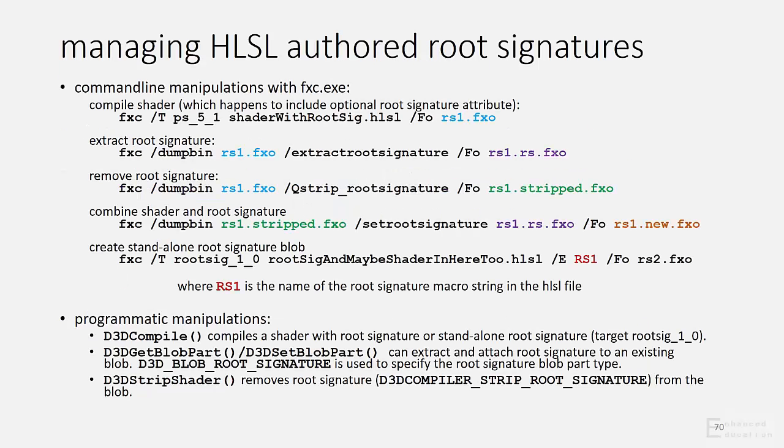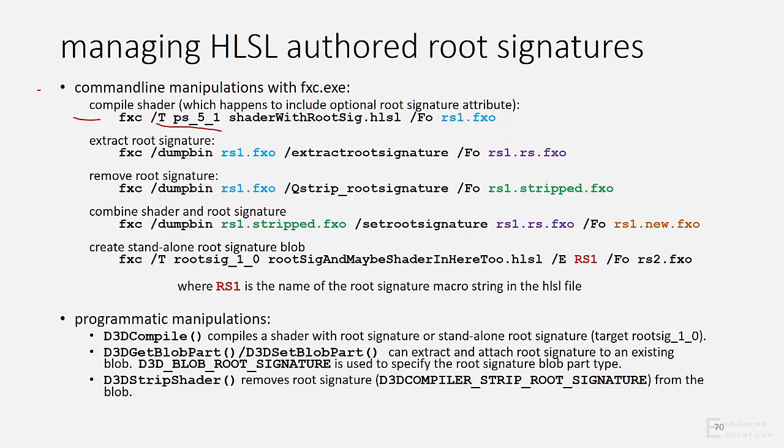The HLSL compiler provides a variety of options for manipulating root signatures that have been authored in HLSL, either using the command line FXC tool or programmatically using exports from the compiler DLL. Zeroing in on the FXC command line, the most simple example is to simply compile a shader, in this case with target PS51.